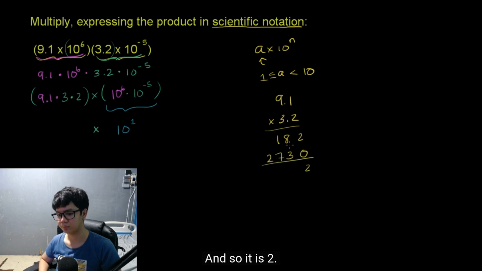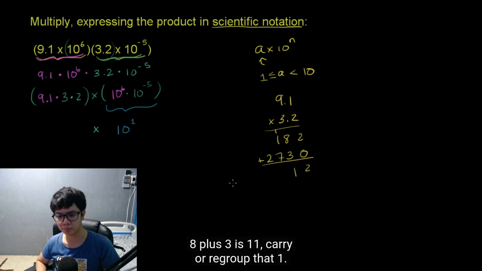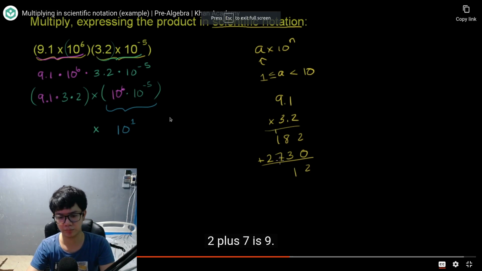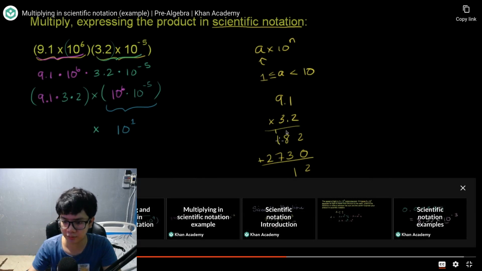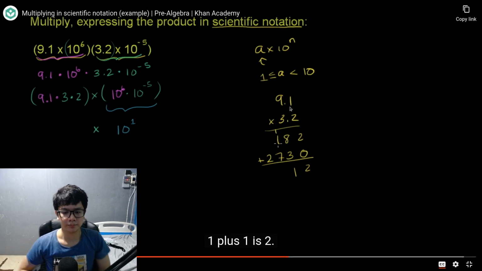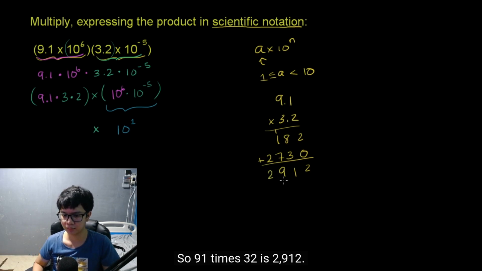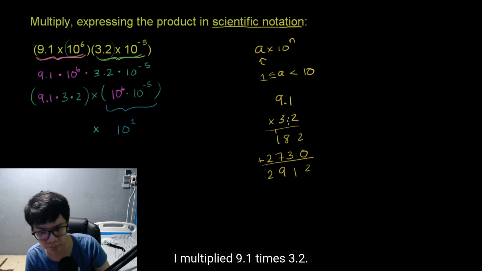And so I'm adding here: 2 plus 0 is 2, 8 plus 3 is 11, regroup that 1, 1 plus 1 is 2, plus the regrouped 1 is 2, 2 plus 7 is 9, and I have a 2 here. So 91 times 32 is 2,912, but I didn't multiply 91 times 32, I multiplied 9.1 times 3.2.